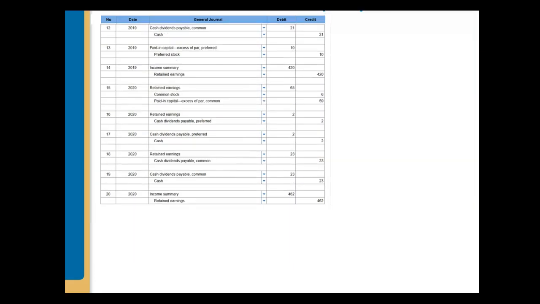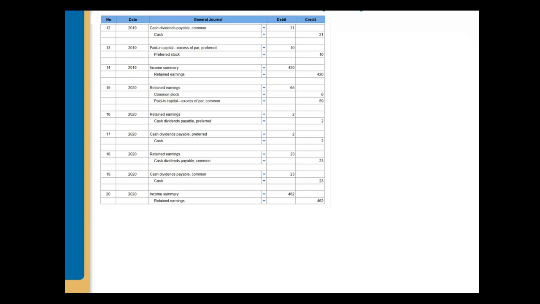So the first thing we're going to do is debit our retained earnings here for 65. We credit our common stock for 6, and we're going to credit our paid in capital, the excess of par, for 59. Then for the dividend, the cash dividend, we'll debit our retained earnings and credit our payable.